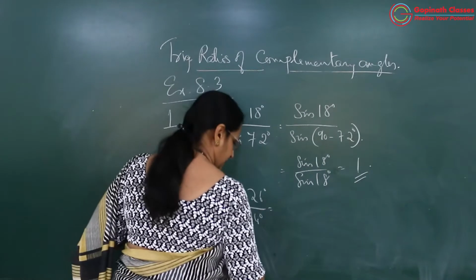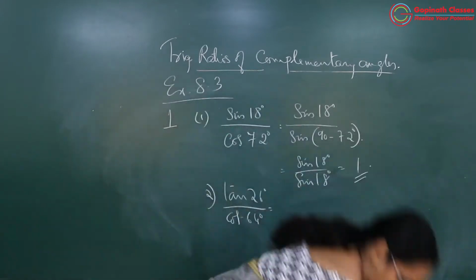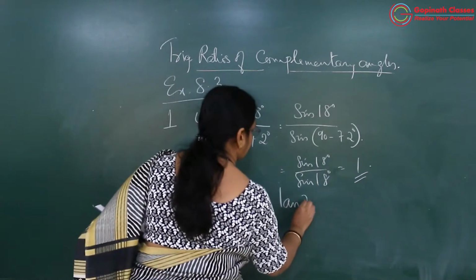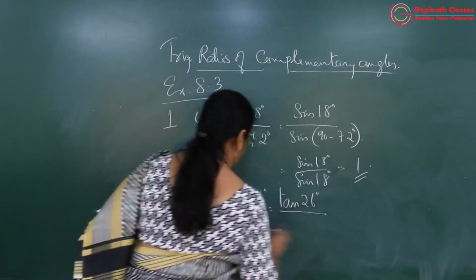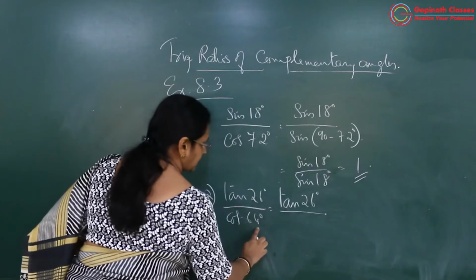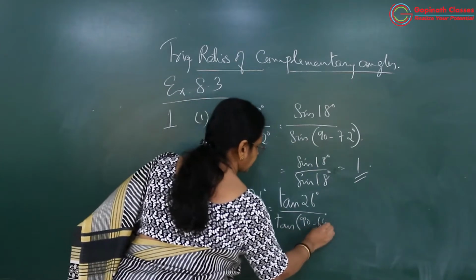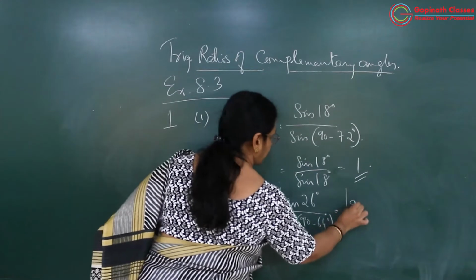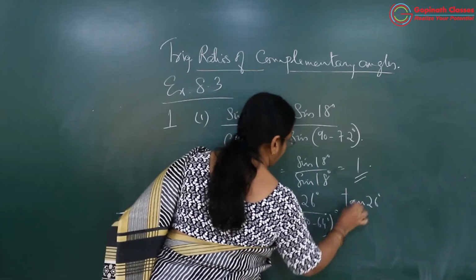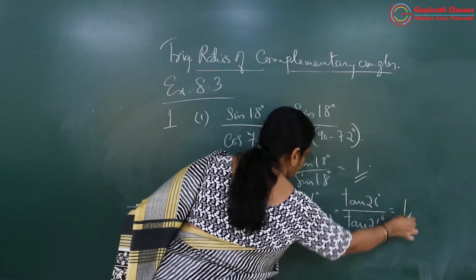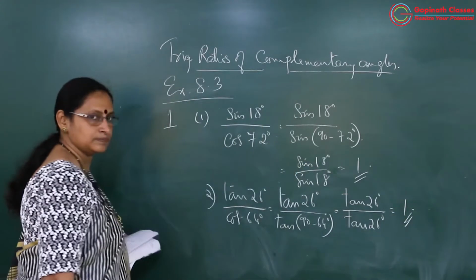Let's keep tan 26 itself. Cot theta is tan 90 minus theta. So, tan 26 degree upon tan 26 degree, which will become 1.